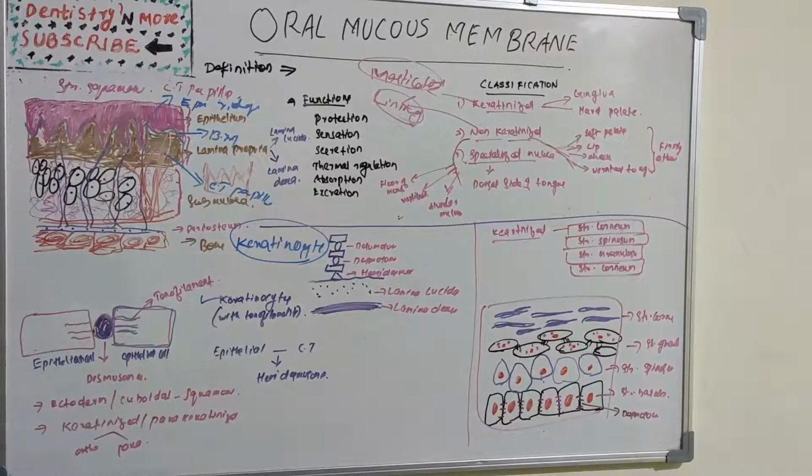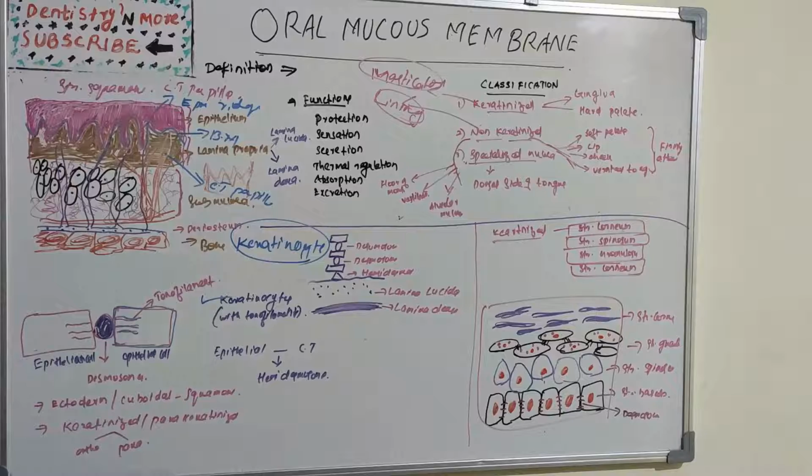So the bundles of tonofilaments attach to an intercellular thickening, not intracellular, between the cells, called the attachment plaque. The attachment plaque in turn adheres to an oval or circular area of the adjacent membrane known as a desmosome.